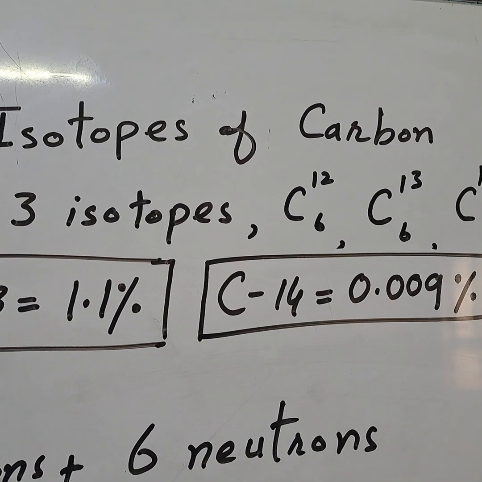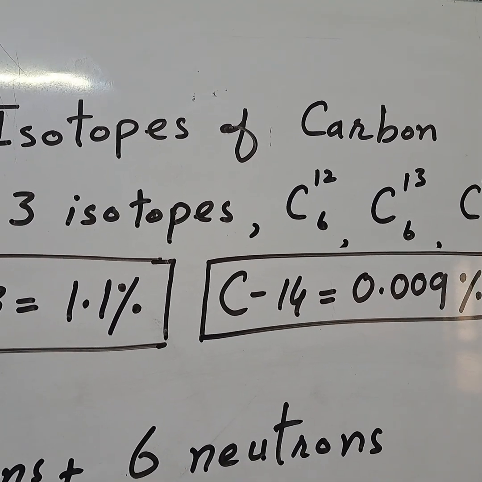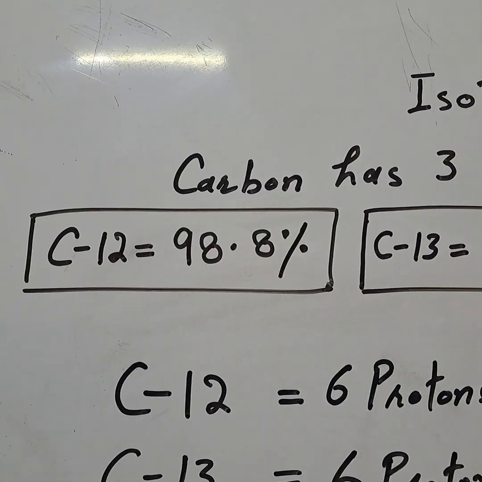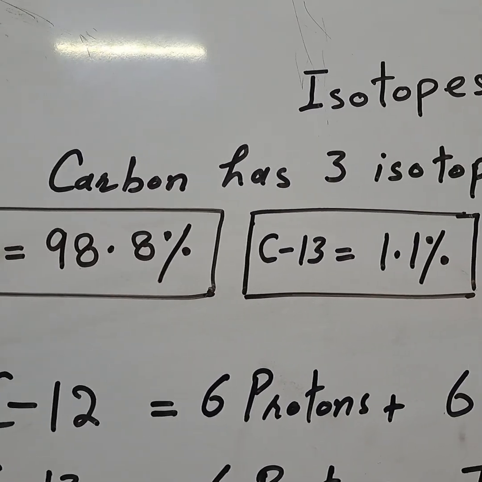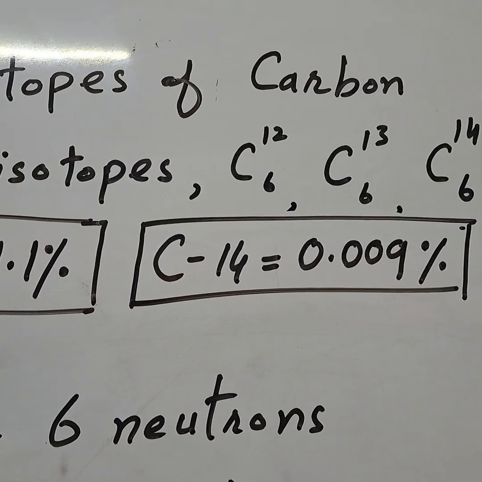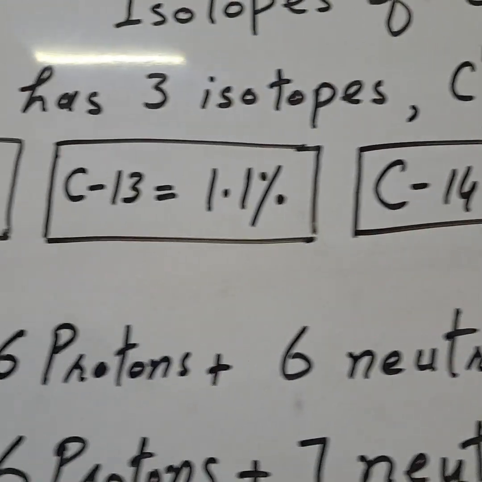Today we are going to study the isotopes of different elements. Let's start from the isotopes of carbon. Carbon has three isotopes: carbon 12, carbon 13 and carbon 14.